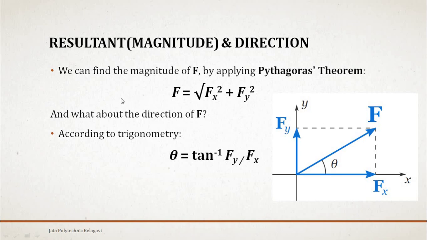First of all, we will understand how to find the magnitude of a resultant force. Here you can find there are two components, Fx and Fy, and one resultant force acting at some angle in this direction, called F. This resultant force can be given as capital F or R, and its magnitude can be found by using the formula under root Fx square plus Fy square.